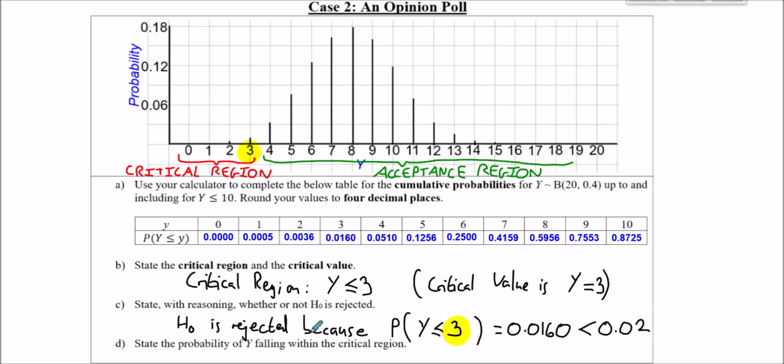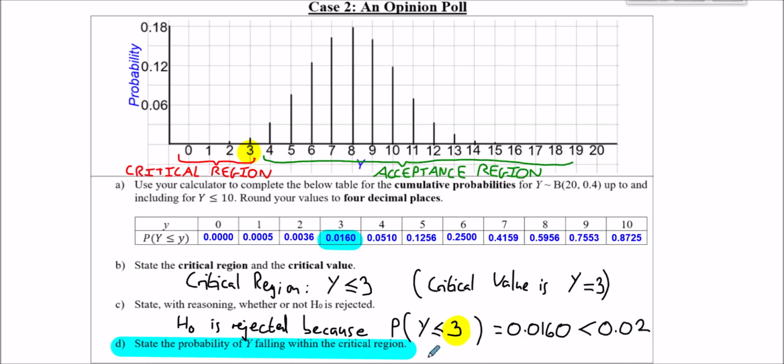Part D, state the probability of y falling within the critical region. So this is this value here. So the chance of y falling in the critical region is the probability of y being 0, 1, 2, or 3. The probability of y being up to and including 3, which, as you can see from the table, is this value here.